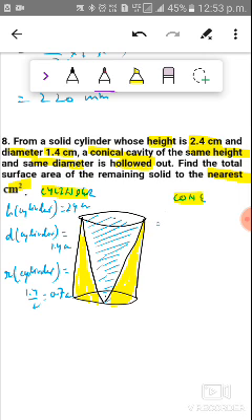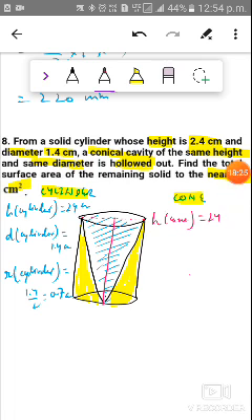So the height of the cone is the same as the cylinder, that is 24 centimeter.